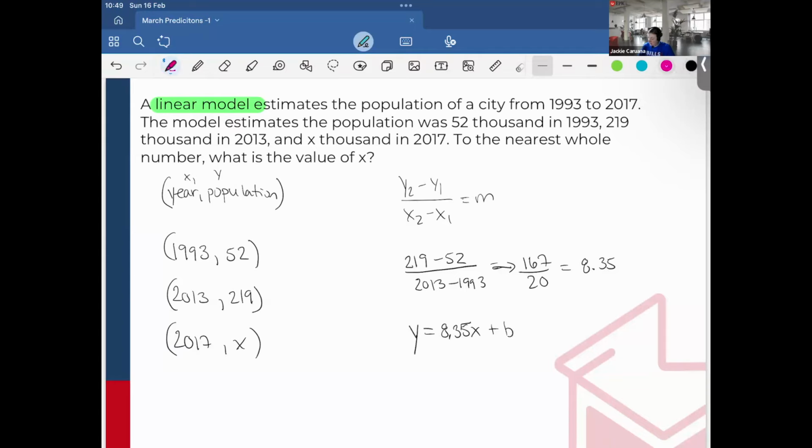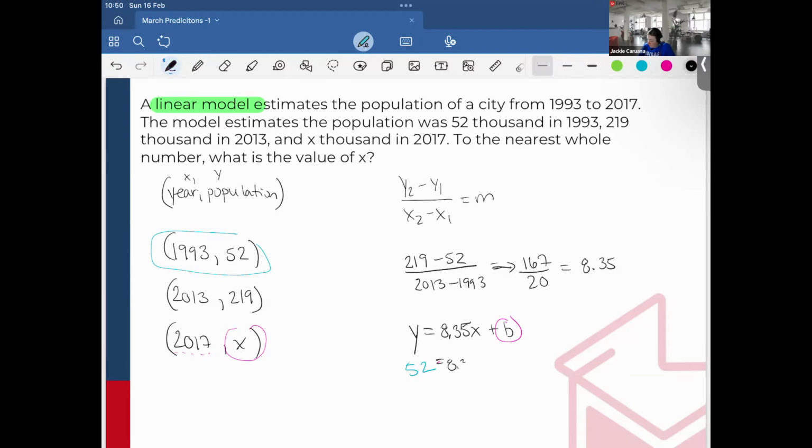And I'm trying to see how many thousands it was in the year 2017. Okay, so going back here to get our b value, I can take any of the coordinates. Let's go with 52 to get what the b value is.